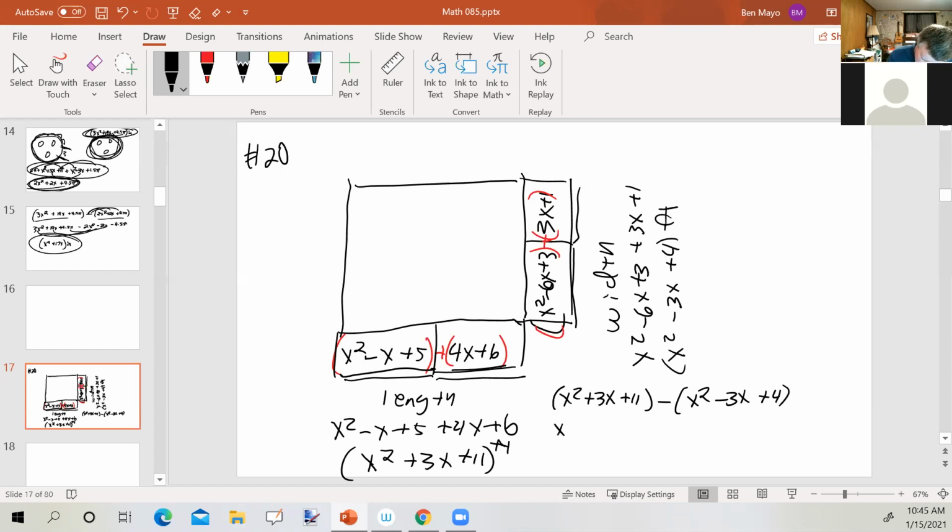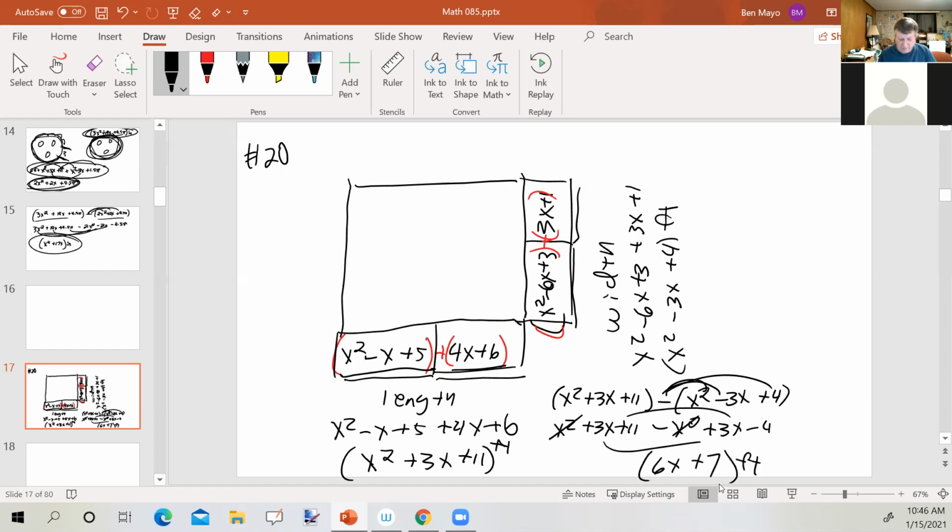So now I've got x squared plus 3x plus 11 minus x squared, minus a negative is plus 3x minus 4. Combining like terms, the x squareds cancel out and I get 6x plus 7 feet. Okay, so that's the difference in the length versus the width.